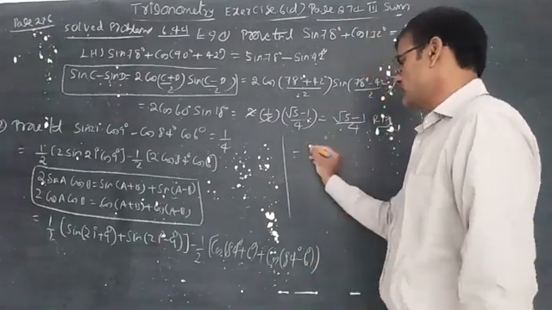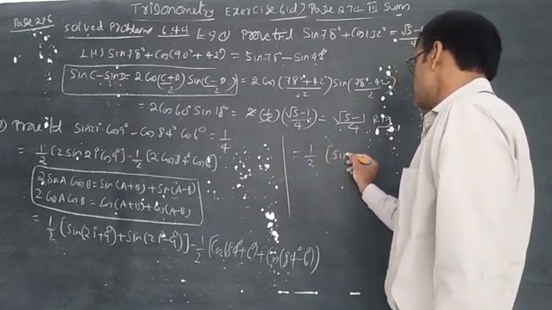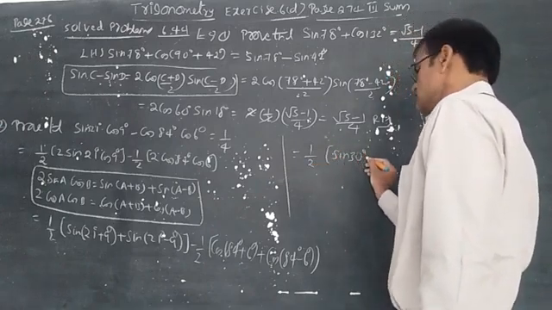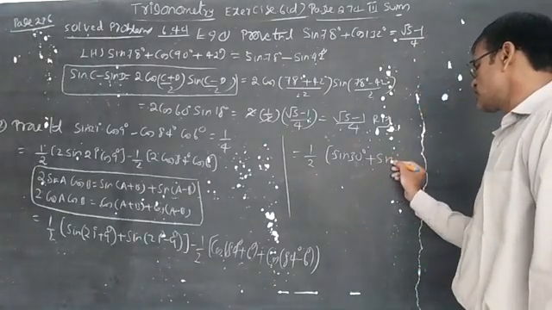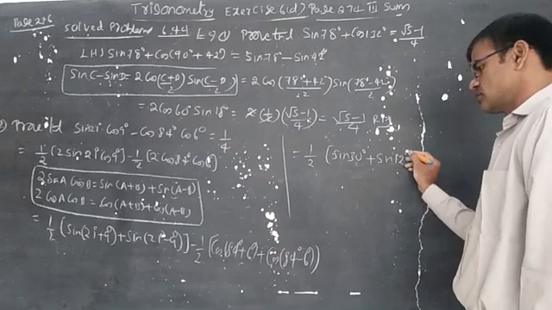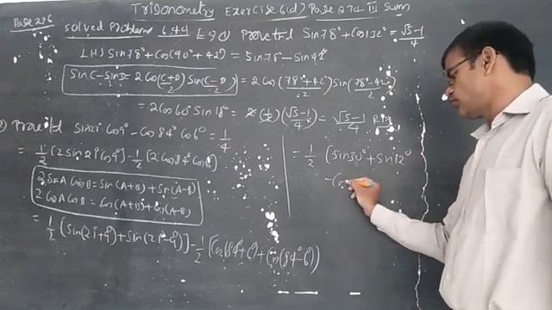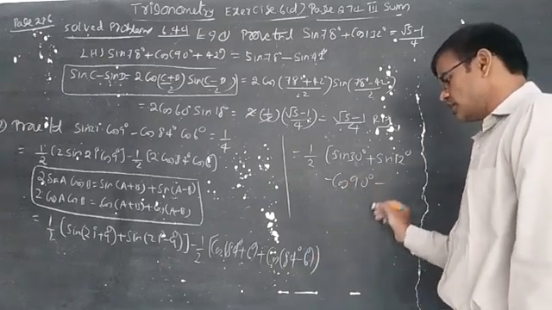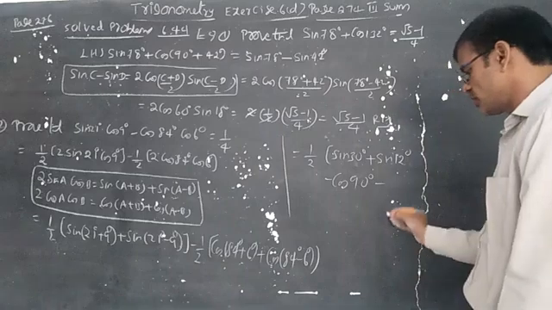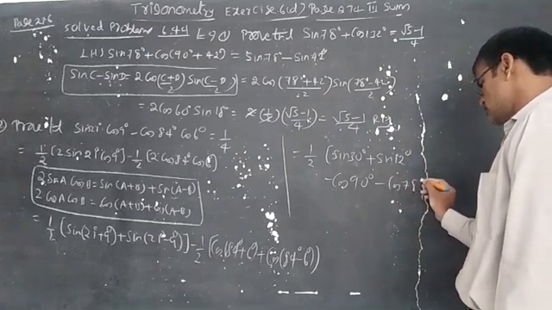That is equal to 1 by 2 into sin 30 degrees plus sin 12 degrees minus cos 90 degrees minus cos 78 degrees.